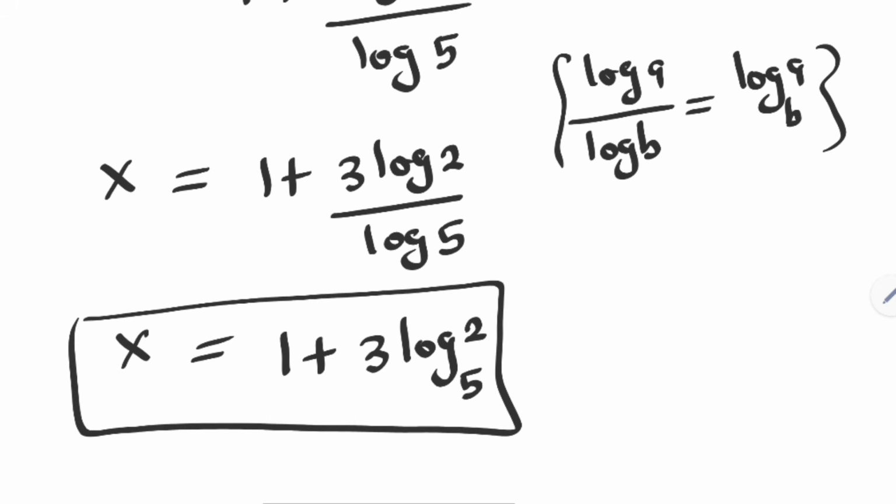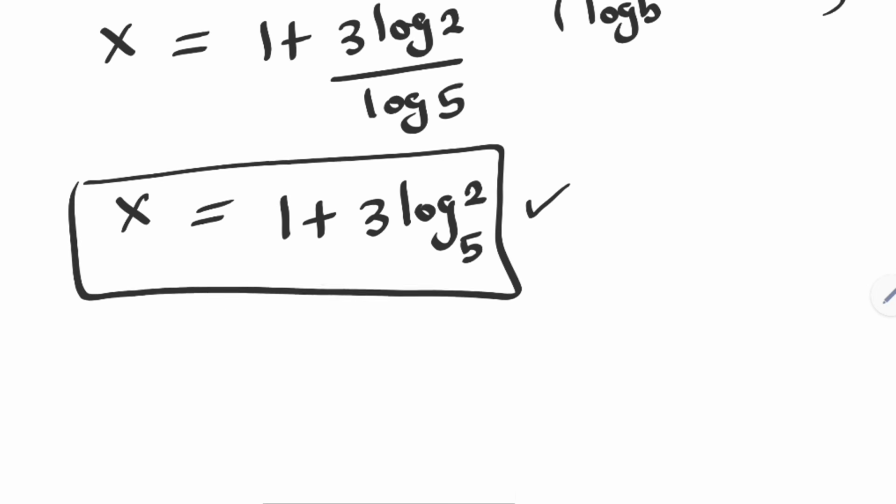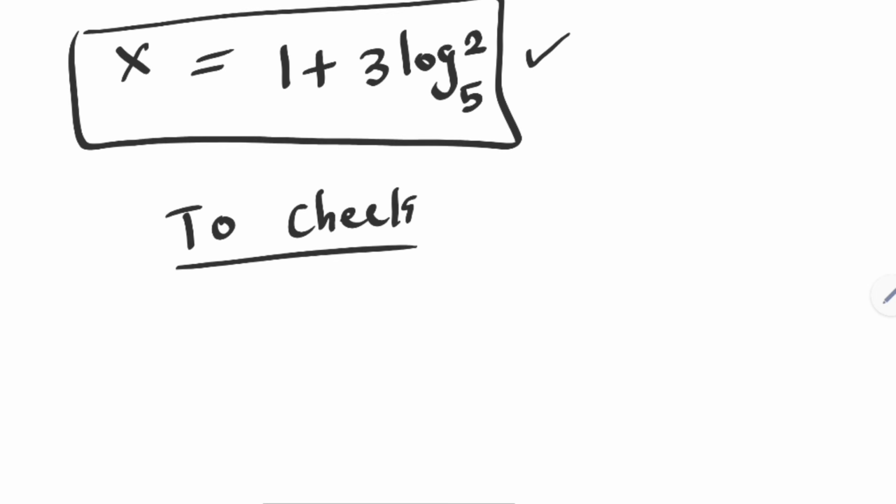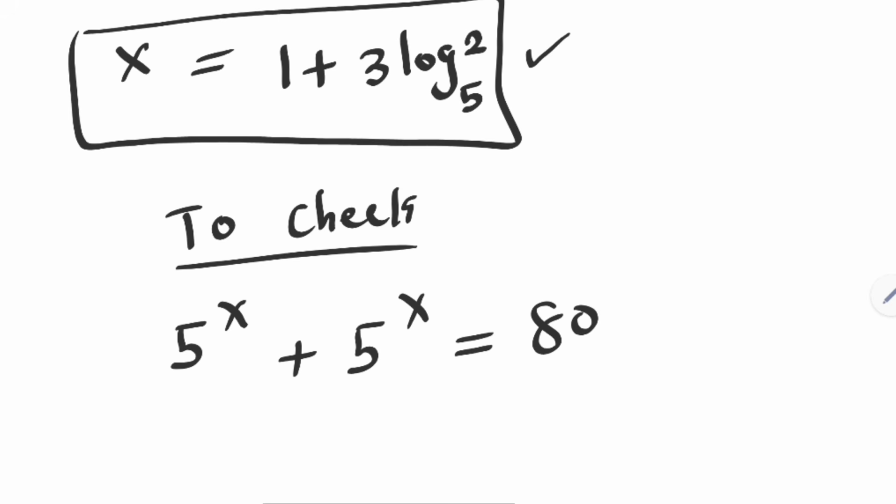We may check to confirm if this answer is right or wrong. Let's check. To check, we have the given equation 5 raised to power x plus 5 raised to power x is equal to 80.